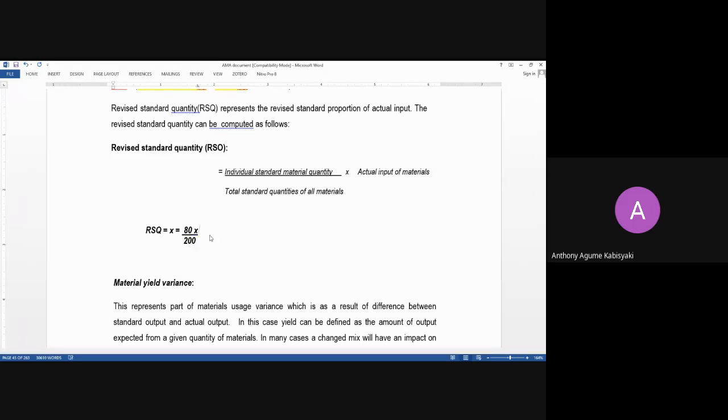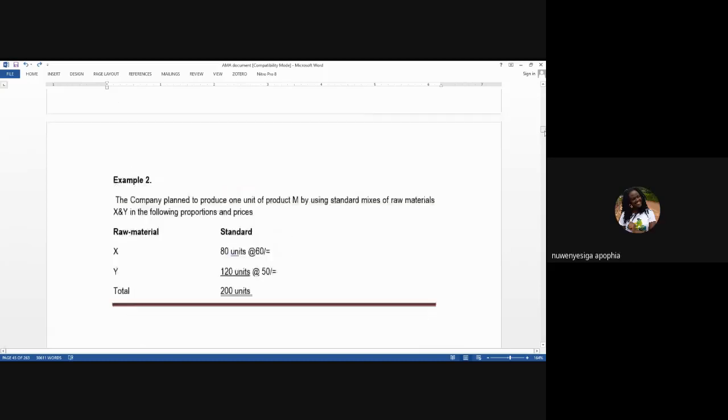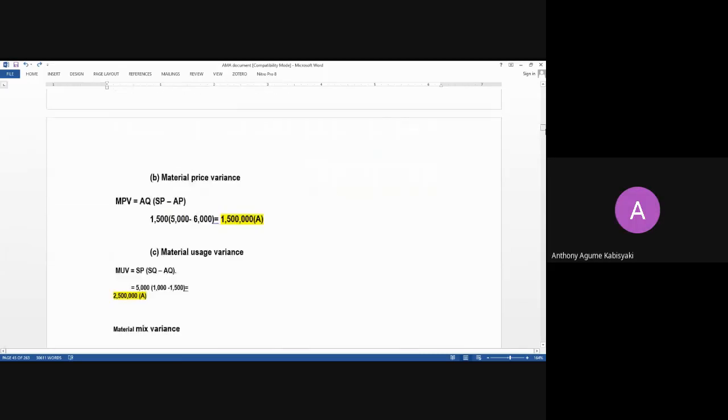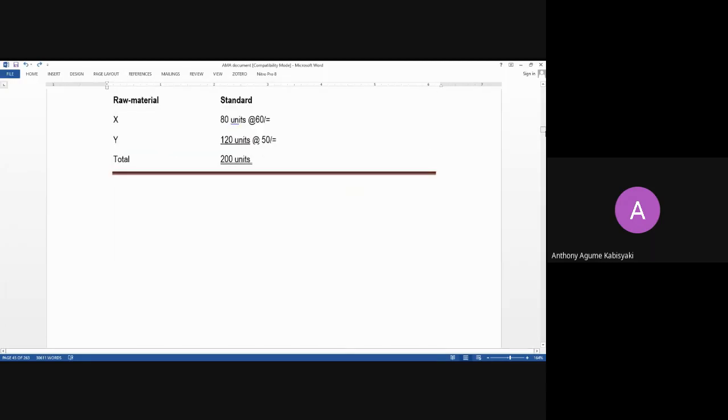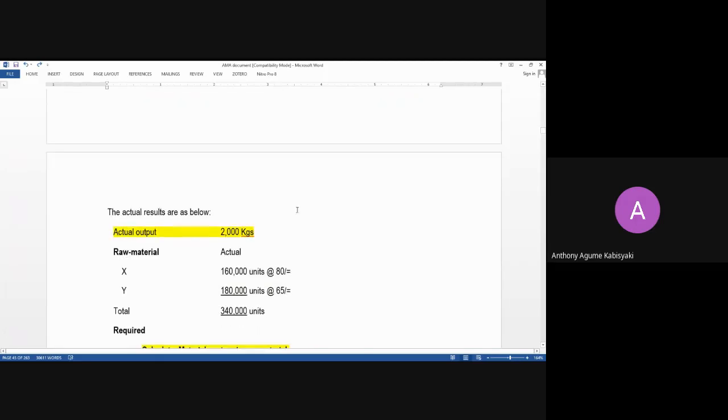And total actual input of raw materials. What is the total? Is it 160? No, total actual input. When you check here, the total actual input is 160 plus 184Y, giving you a total of 340 units.